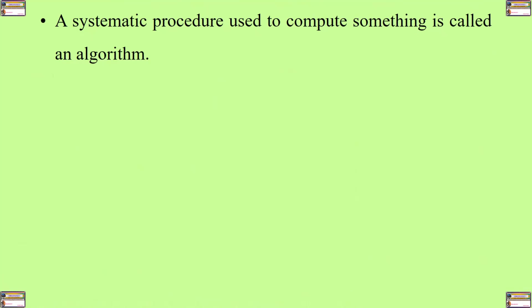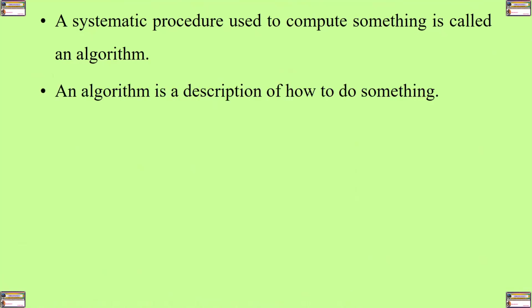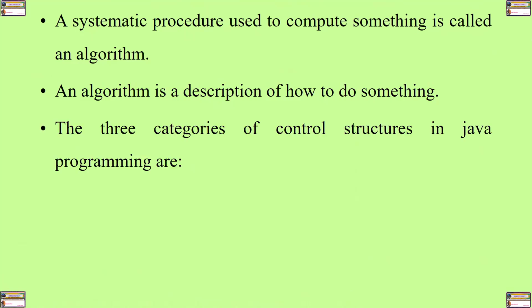In other words, what exactly will be done by a program or by the compiler or translator, and how, in a certain order. So, an algorithm indicates the flow. It illustrates how the set of statements will be executed. And therefore, we can say that an algorithm is a description of how to do something.